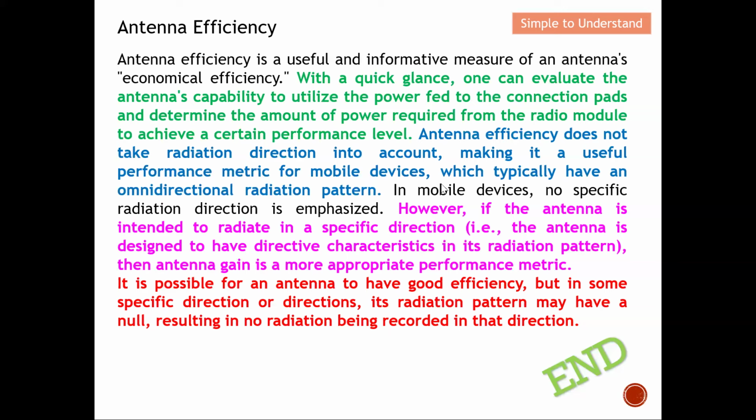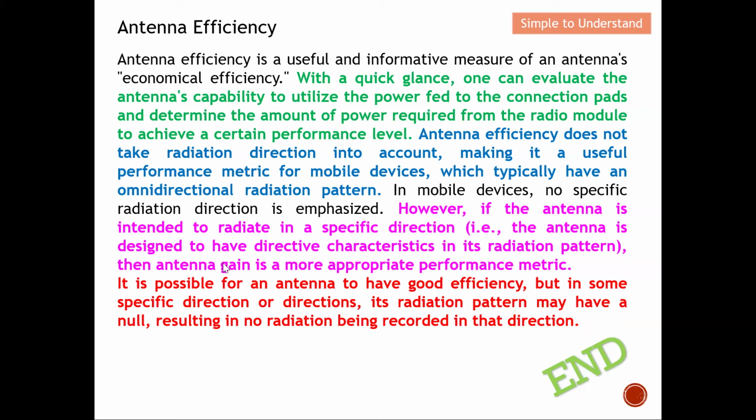So this is what he mentioned. In a mobile device, no specific radiation direction is emphasized. However, if the antenna is intended to radiate in a specific direction, for example, we want to radiate the power in a certain direction, then maybe we would like to use antenna gain to describe the performance.